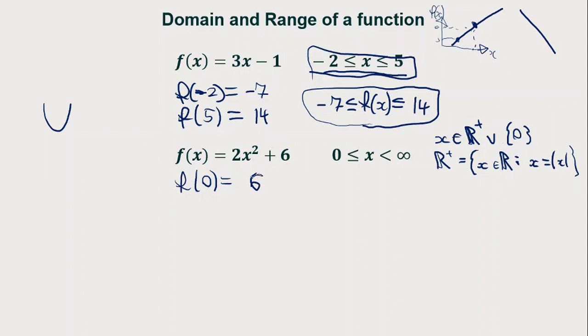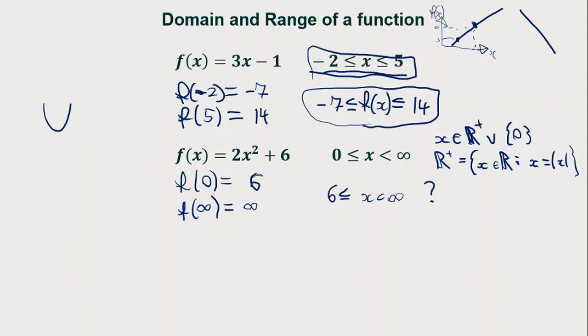So if you are a little bit naughty with notation and say that you are plugging in infinity, which is not a number in itself, you can say that it is infinity, it is big. But does it mean that my range is between 6 and infinity? That's a big question.